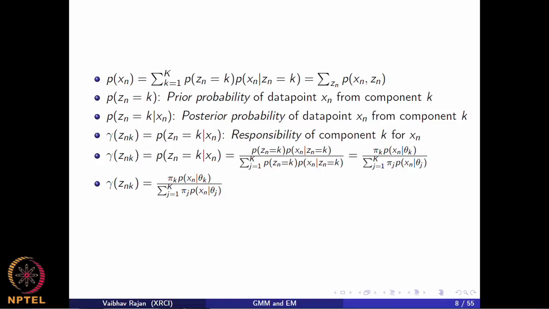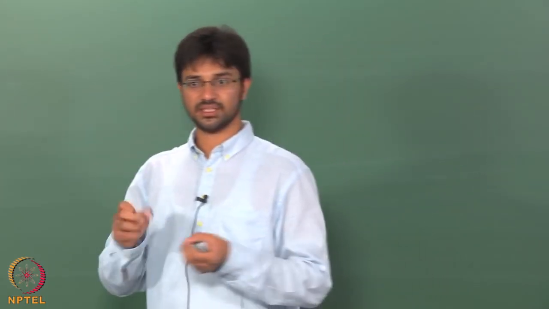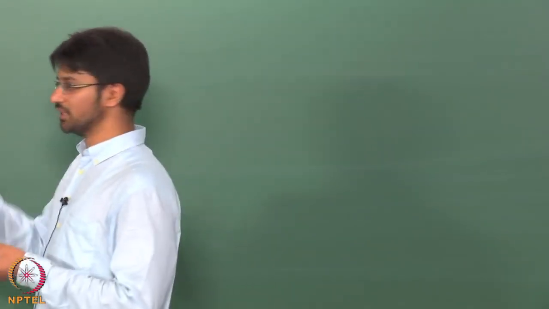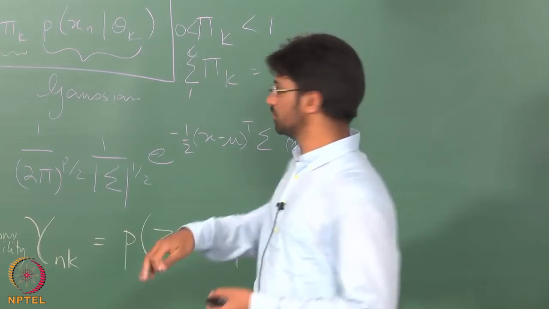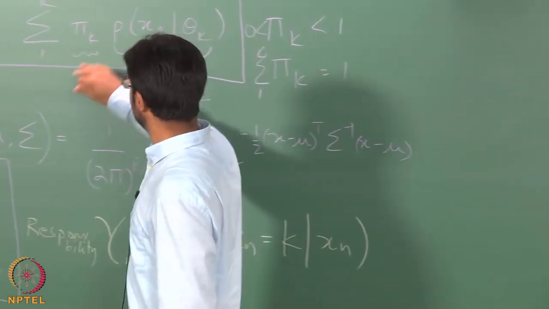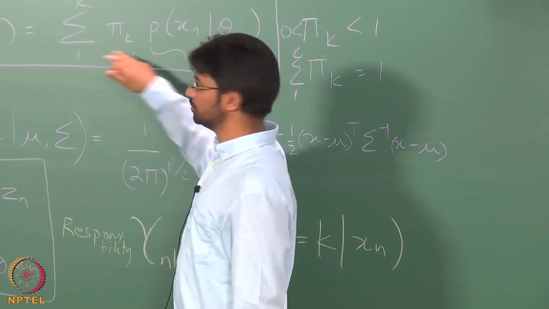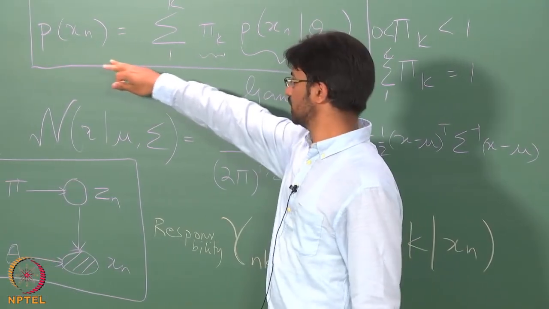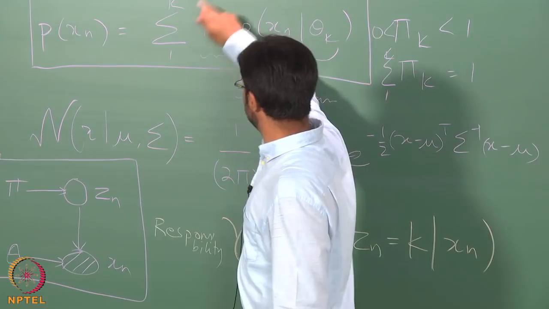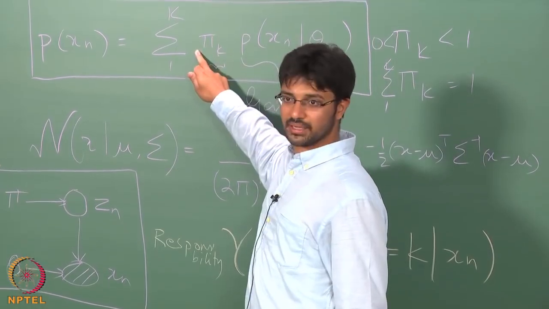So till now the way I have described it is that there are these different components, and only one of these components is responsible for giving rise to that data, but that is the generative point of view, right. But if you look at it probabilistically, each of the components is contributing something towards the probability of that data point, and the weight of that contribution is given by pi k.